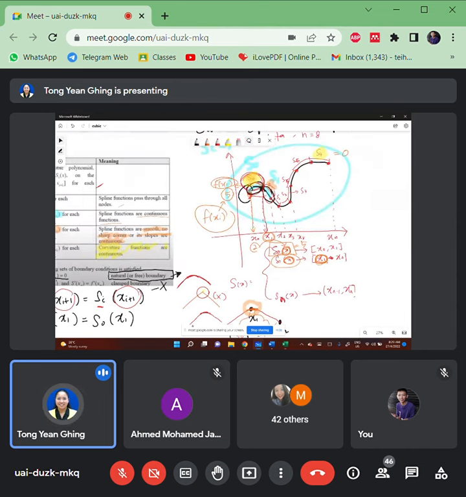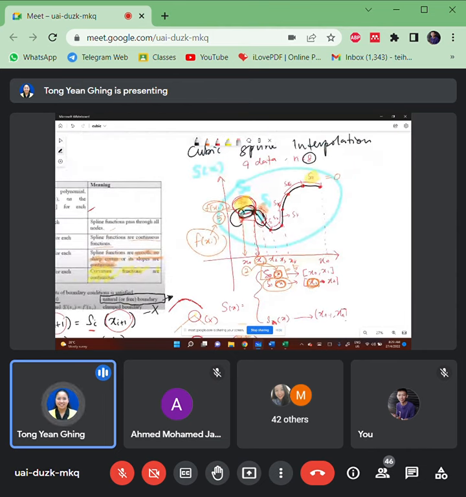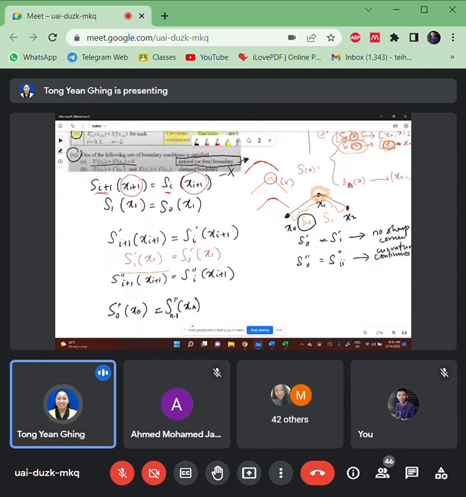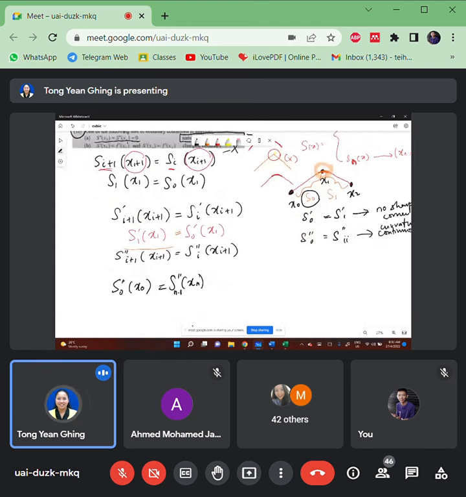Based on this, if n is 8, the last one will be n minus 1, which is 7. So S7 has to be equal to 0. If this is equal to 0, this is a natural cubic spline.